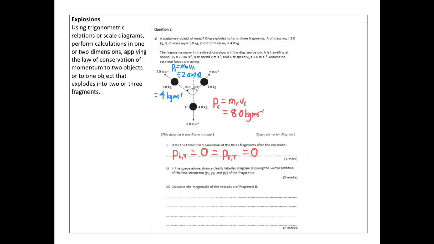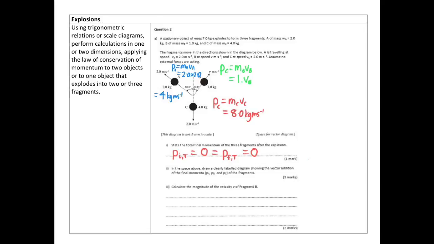And B is equal to the mass of B times the velocity of B, so that's equal to 1 times VB. Reese, you'll like the VB reference, I'm sure.